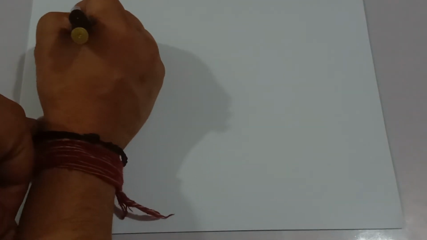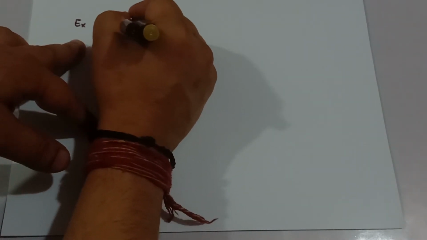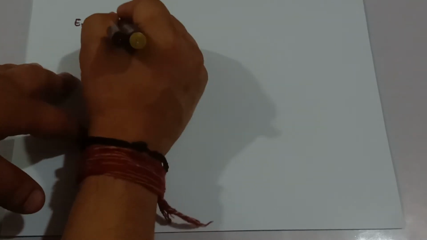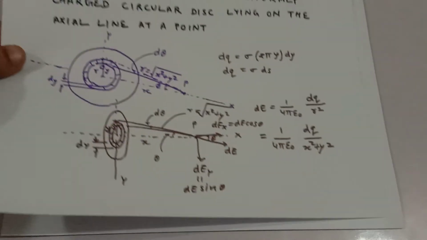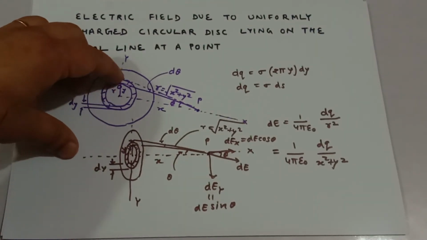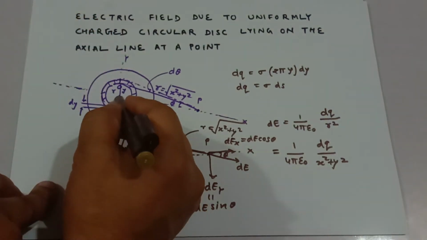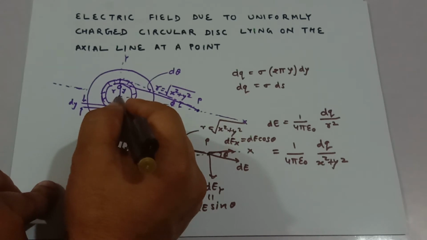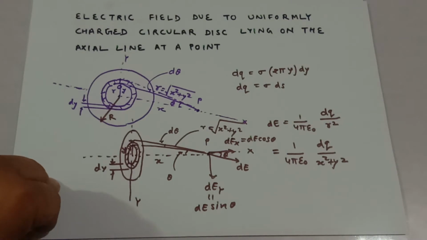So now suppose the electric field along the x-axis is Ex, that can be written as dE into cos theta, and then you need to integrate. And the integration sign basically shows when your y goes from 0 up to this point, which is suppose capital R. Suppose this, the whole length of the radius, is capital R, that is the real radius.